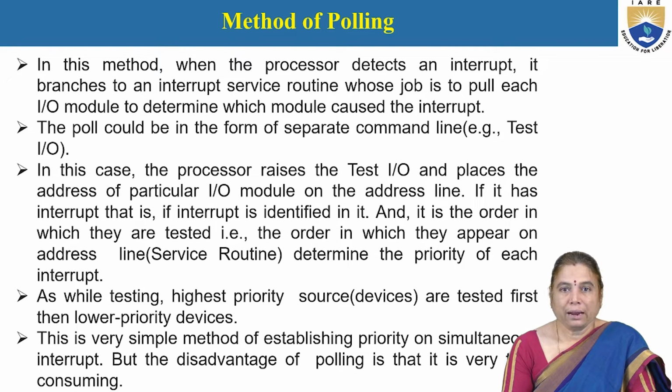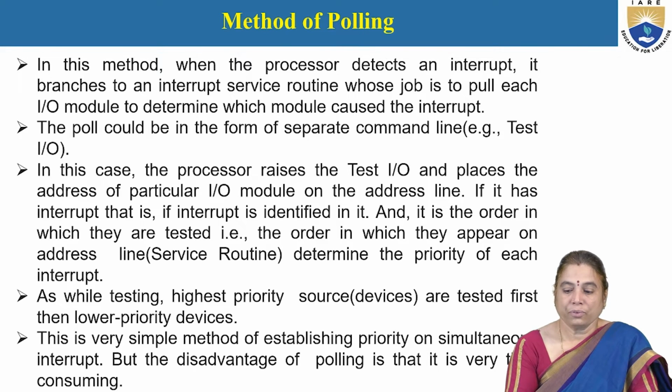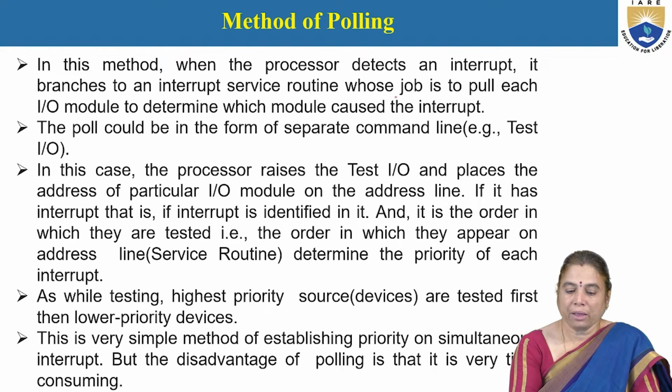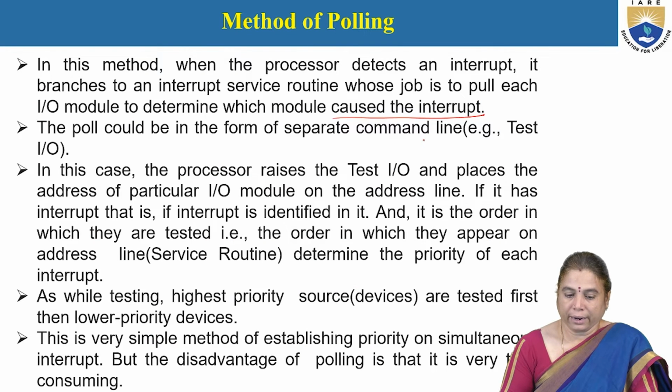In this method, when the processor detects an interrupt, it branches to the interrupt service routine whose job is to poll each I/O module to determine which module caused the interrupt. So with the help of this polling software, the module or I/O device that raised the interrupt can be detected.